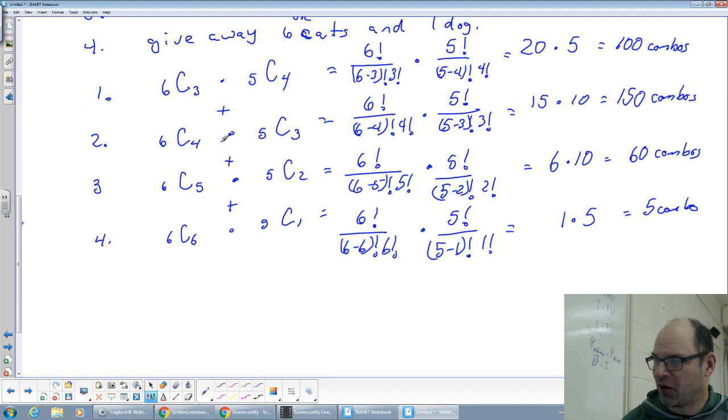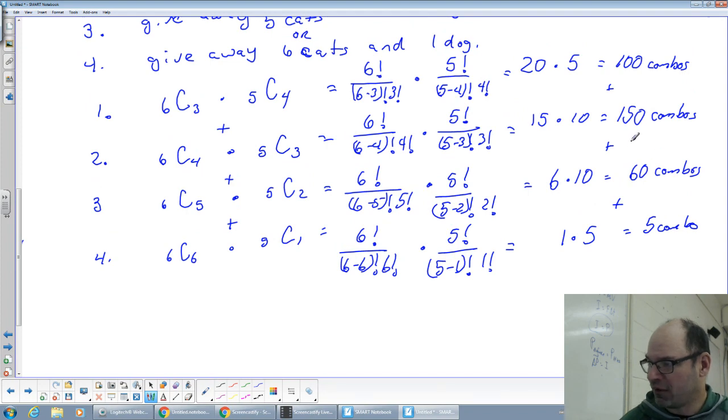Second case was 150 combos and 100 combos. So we've got to add all these combos together because it's "or" in between. It's this, or this, or this, or this. It's not them all together at the same time. So not times, plus: 100 plus 150 is 250, plus 60 is 310, plus 5 is 315 ways.